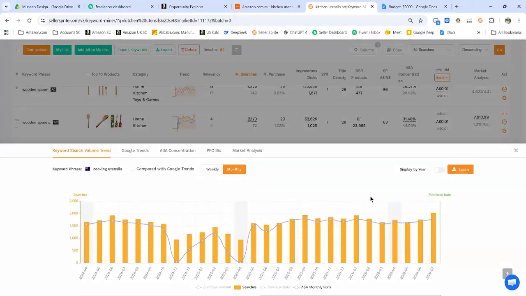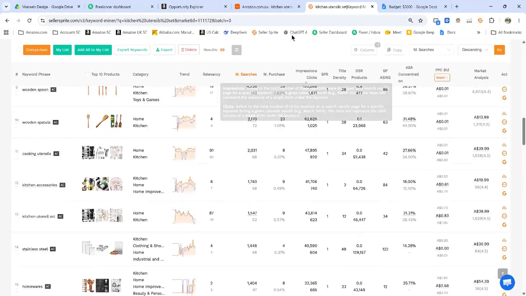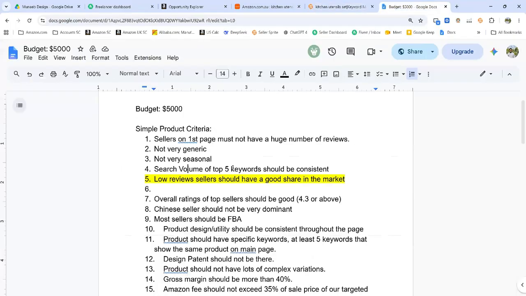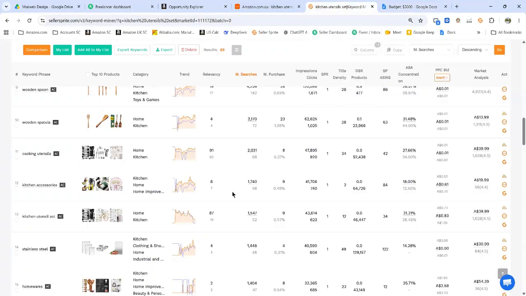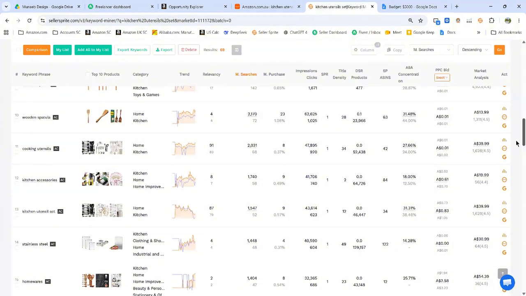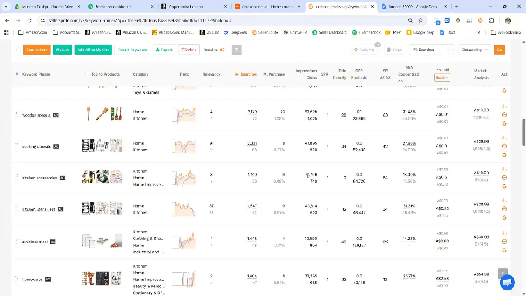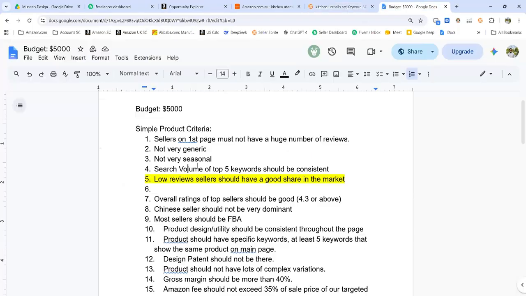As you can see here, most of the top keywords are very consistent. That's what we mean that search volume of top keywords should be consistent. It's not a very rare product which is only being searched by one or two keywords, and there are no other keywords at all with zero consistency. You can say we can use it for checking seasonality as well.